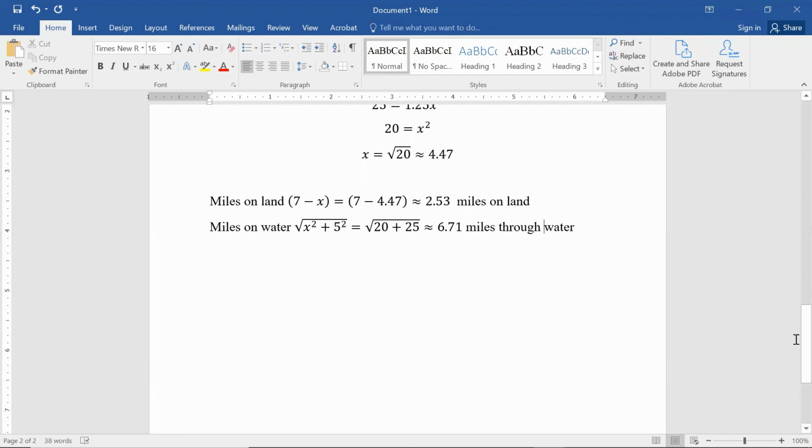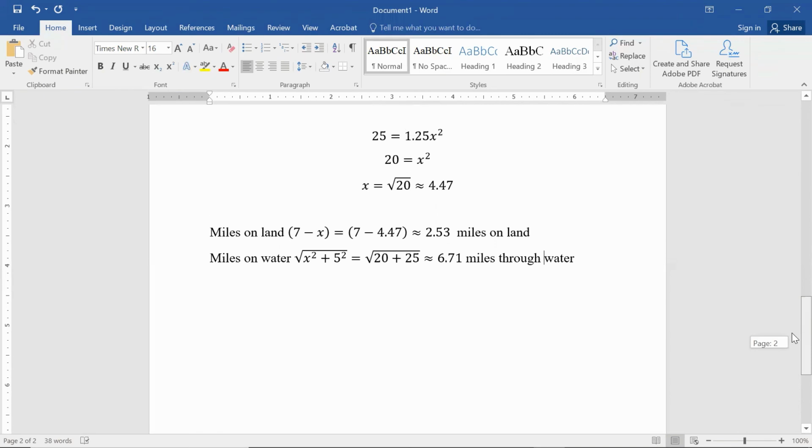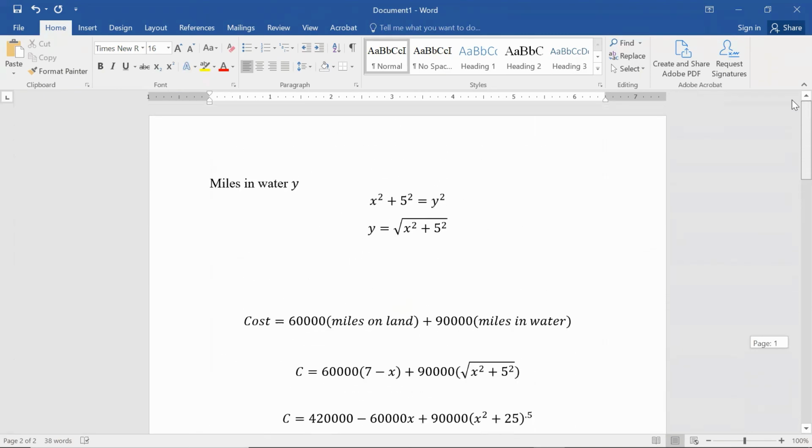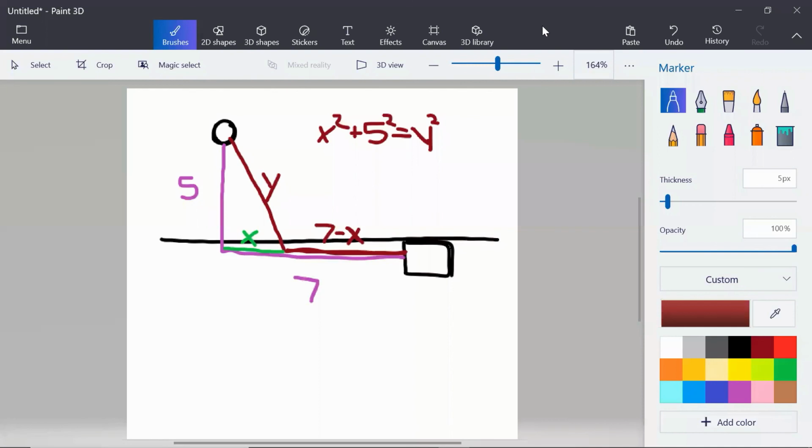Again, this is a very classic problem. You can minimize a lot of stuff, but it always has the same type of drawing, where we have some portion on land, some portion in water. The water value we can find using the Pythagorean theorem.